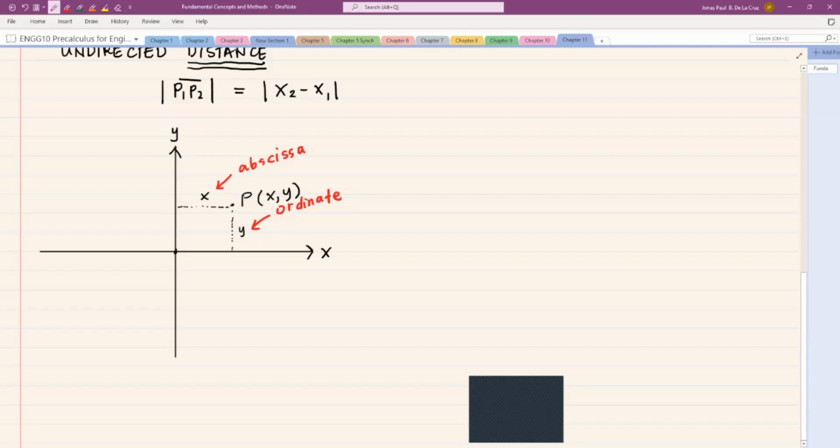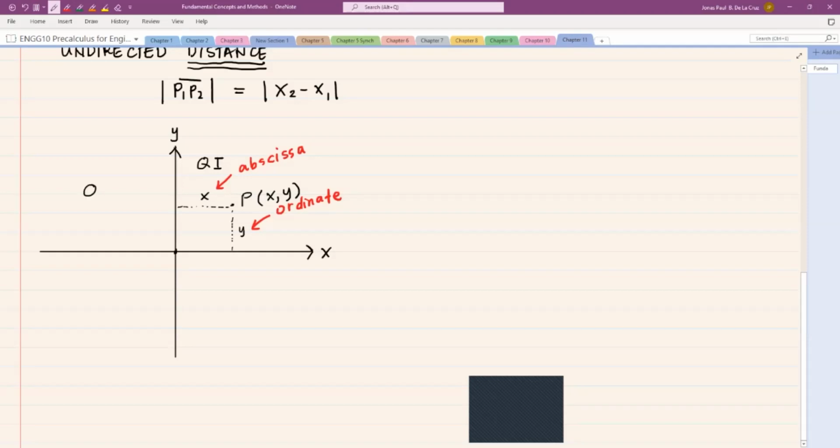Diba? So ito, this is the first quadrant, Q1. Itong first quadrant, meron tayong positive for the x-axis na x yung kanyang abscissa, positive, at yung kanyang ordinate, positive din. Okay? So x is positive, y is also positive.